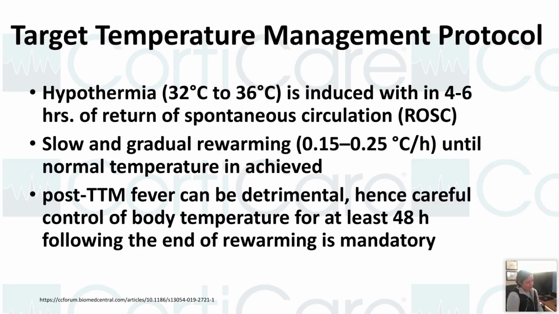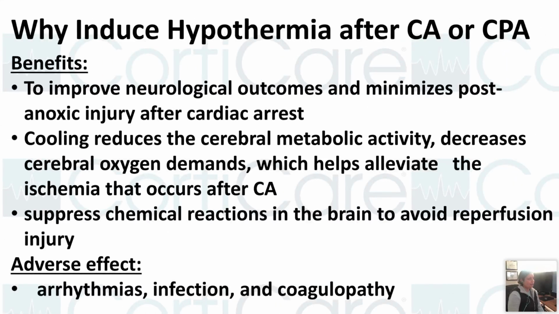If the patient develops fever while being rewarmed or once they are rewarmed, it can be detrimental. So that's why there is a very gradual increase, and the body temperature is controlled for at least 48 hours after the rewarming.